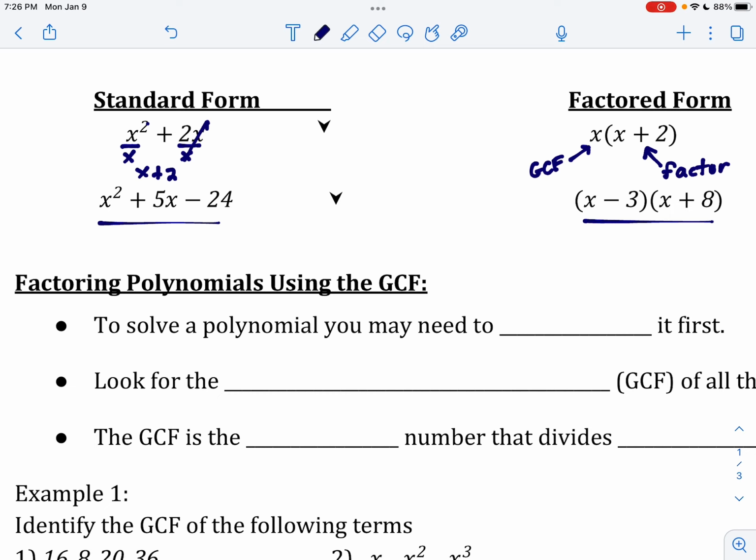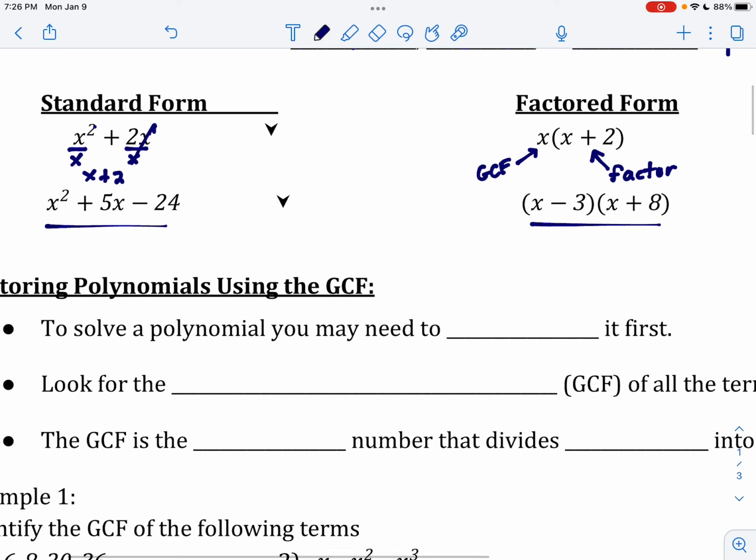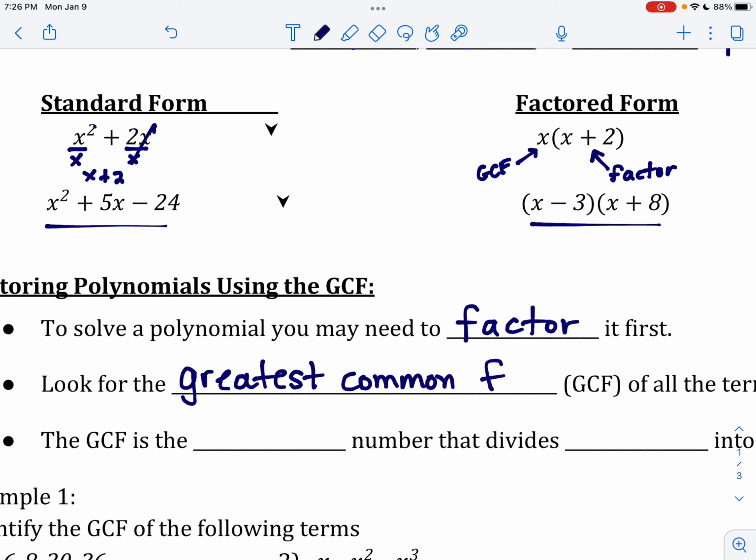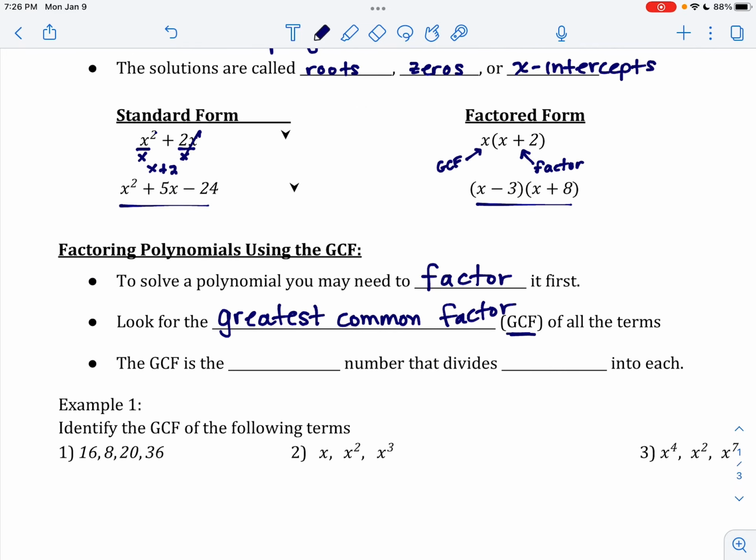To solve a polynomial, you may need to factor it first. Look for the greatest common factor, which is GCF, what we use for short, of all the terms.